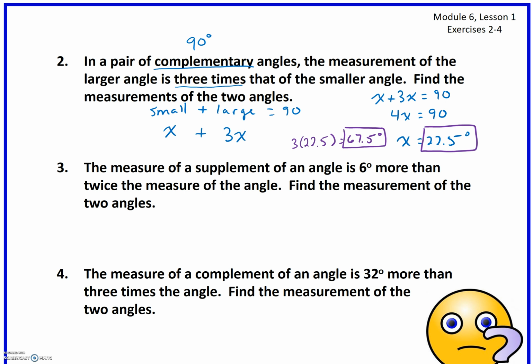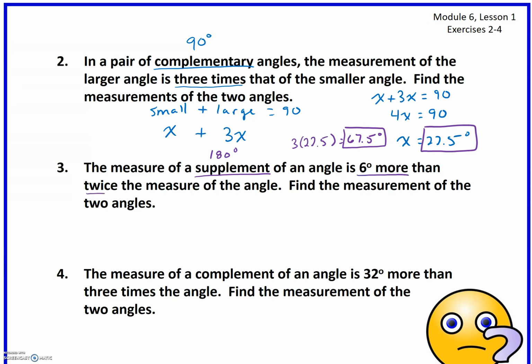Number 3, the measure of a supplement of an angle is 6 degrees more than twice the measure of an angle. So we need to notate that we are working with supplementary angles. They add up to 180 degrees. And we know that we have two angles, and one of them is 6 more than twice.